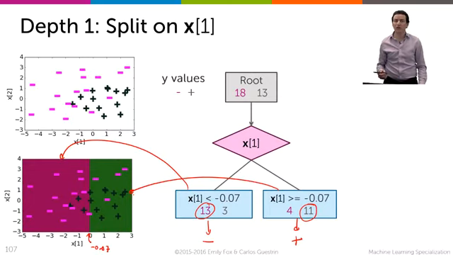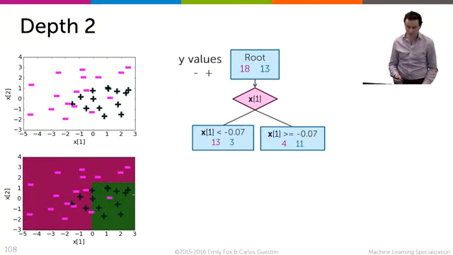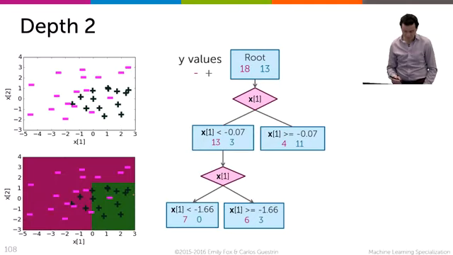Now if we keep going with the greedy algorithm and take another split for each of these intermediate nodes, we'll see that for the data where x1 is less than -0.07, we might split on x1 again, in this case on x1 less than -1.66, and in both cases we're predicting -1, a negative data point.